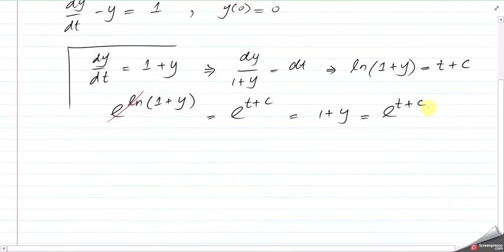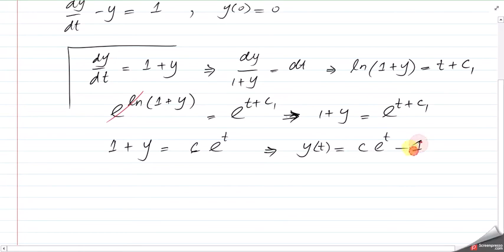Which of course we can rename the constant. If you remember, we have done this step in temperature problems, so we can rename the constant as C e power t, and this implies y of t equals C e power t minus 1.